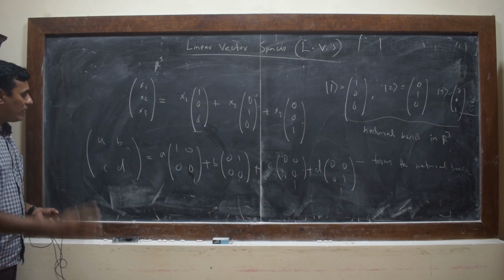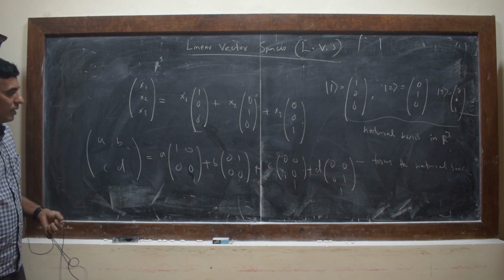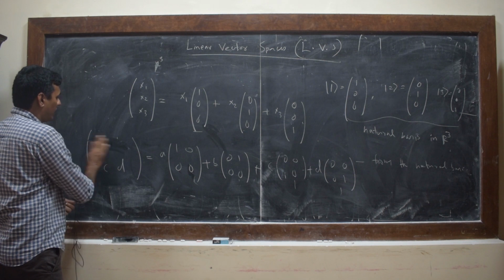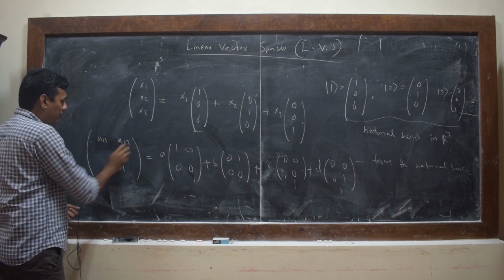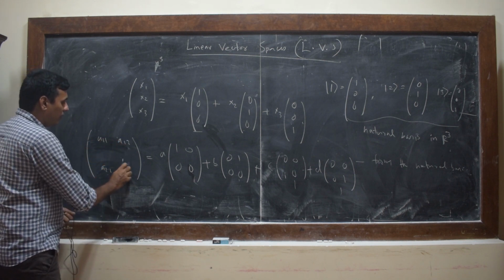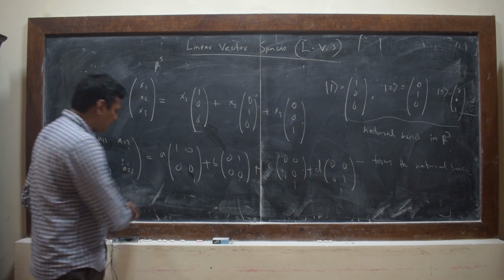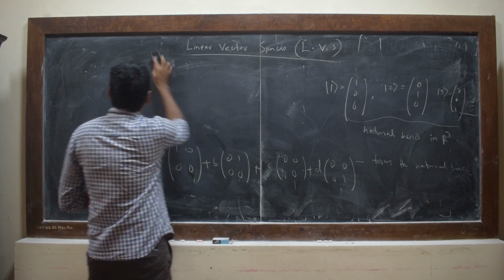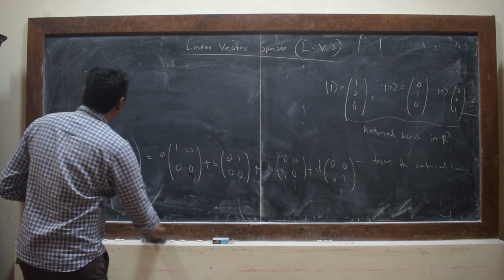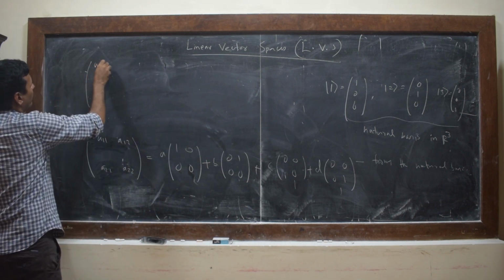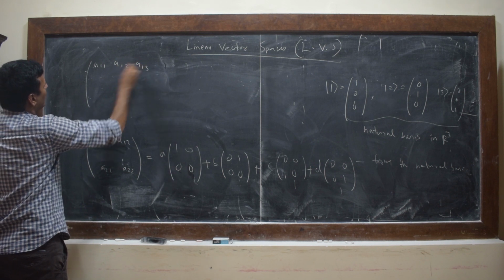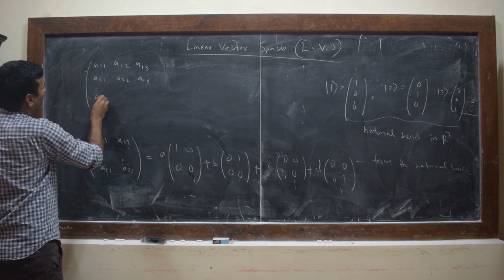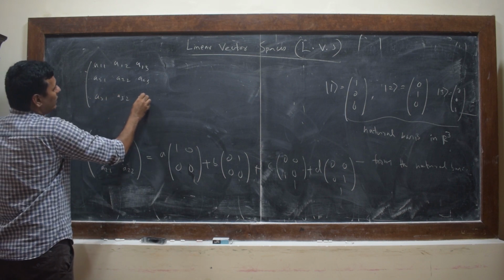You need 4 basis elements to represent a 2 cross 2 matrix. Similarly, suppose you have a 3 cross 3 matrix, A11, A12, A13, A21, A22, A23, A31, A32, A33.